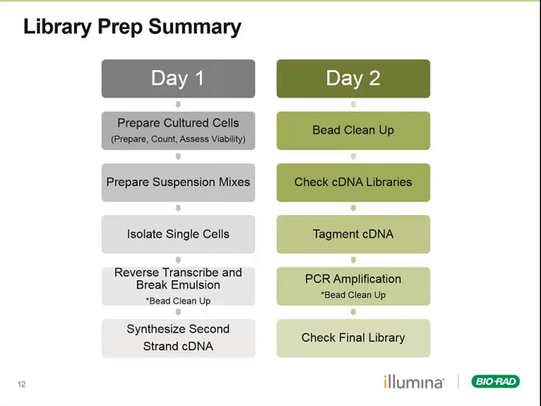In day 2, we're going to do a bead cleanup to remove any spurious small products, and QC our cDNA to make sure it's appropriate to take into the rest of the library preparation. We'll next do a Nextera-based library preparation, tagmenting the cDNA, and then doing a PCR amplification and bead cleanup. At this point, you're all done. You just have to QC the final library before sequencing.